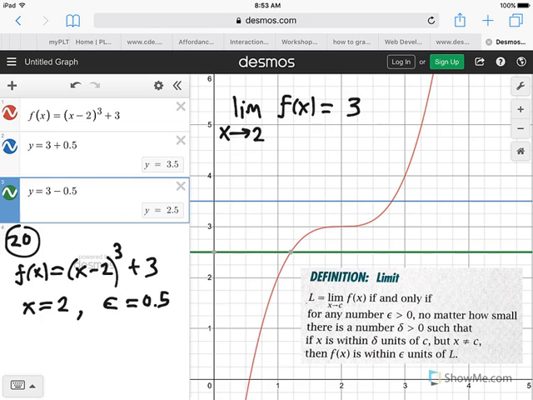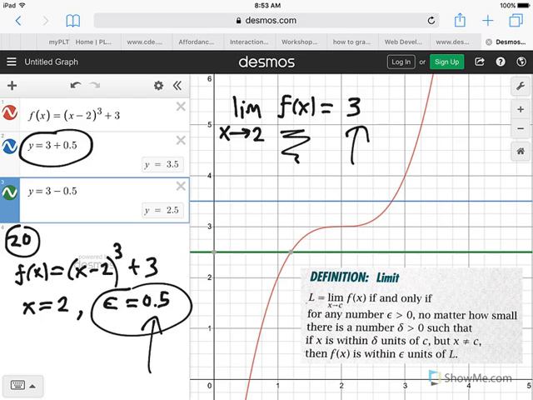And yesterday we worked with epsilon and delta, and we said if we make epsilon 0.5, we're looking at output values for the function that are within a half unit of the limit, within 5/10 of 3. So we have the line y is equal to 3 plus epsilon and y is equal to 3 minus epsilon. And here are the two lines.